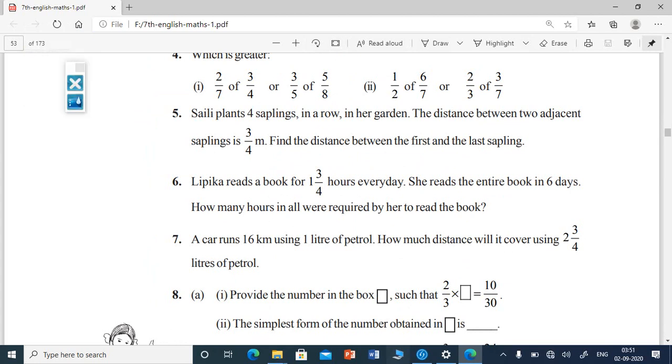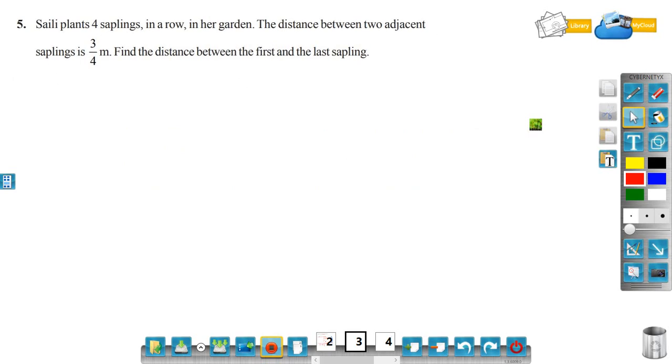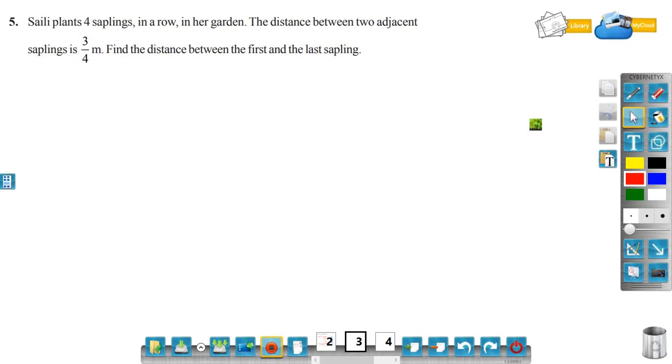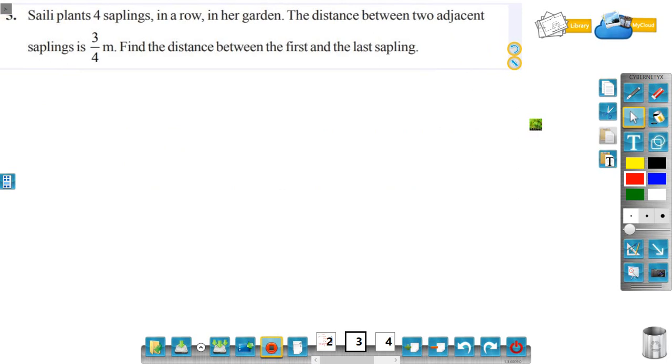I will solve it now. Sally plants 4 saplings in a row in her garden. The distance between 2 adjacent saplings is 3 by 4 meter. Find the distance between the first and the last sapling.